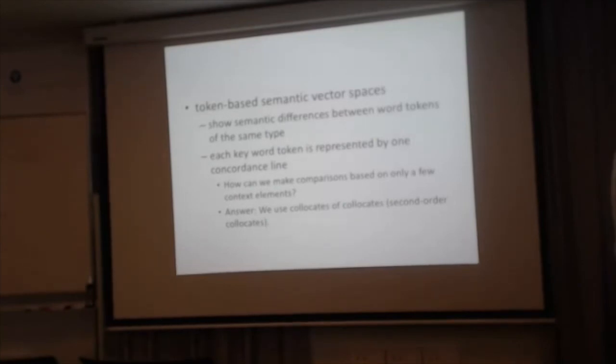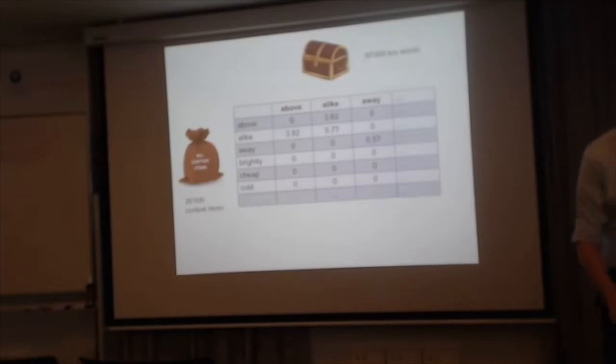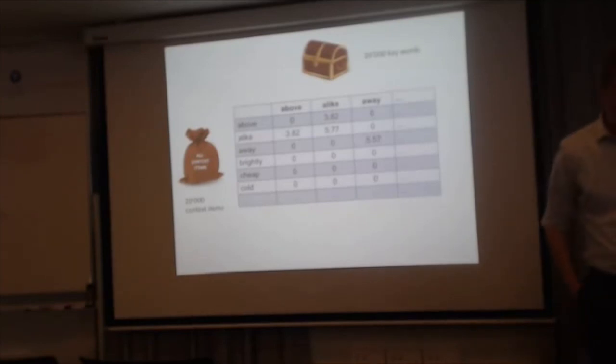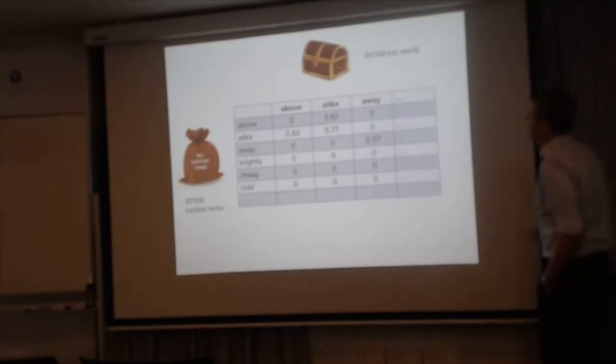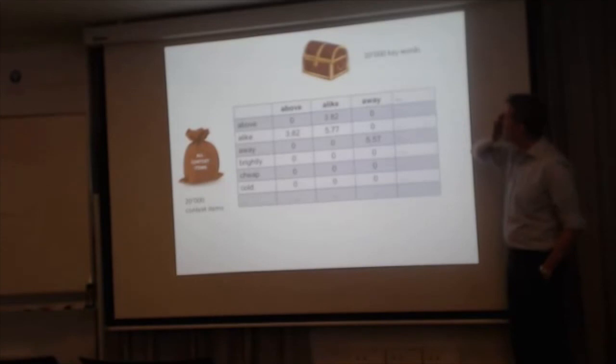So we basically need 2 things for token-based semantic vector spaces. And the first thing is a type-based semantic vector space of the kind that I showed you earlier, except this one has a much larger vocabulary. Yeah? So we created a type-based semantic vector space with 20,000 keywords. Yeah? So we took the most frequent elements from a large corpus of English, the British National Corpus.